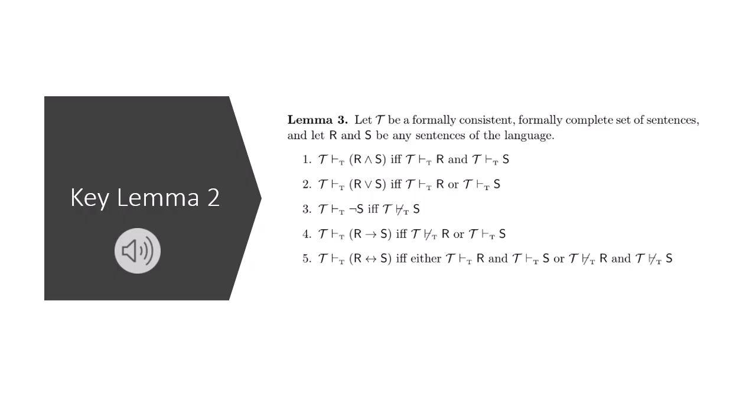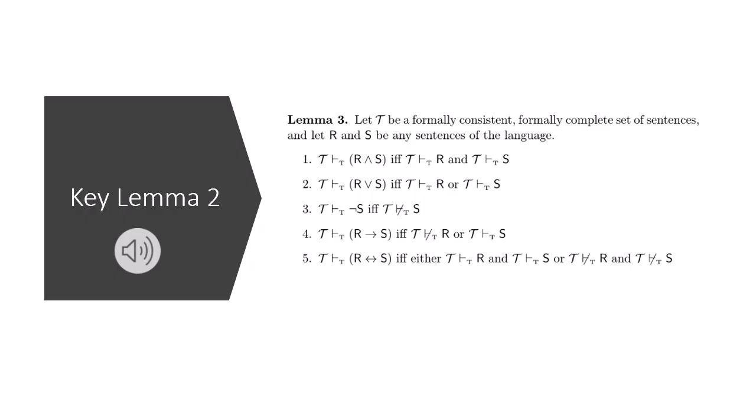And we showed that if there was a proof of R and a proof of S from some assumptions in this set script T, then we could put those two together and produce a proof of the conjunction of R and S. And we didn't talk about the reverse of that. However, we would need both of those pieces, that if and only if, in order to prove the inductive step for the primary connective being conjunction.